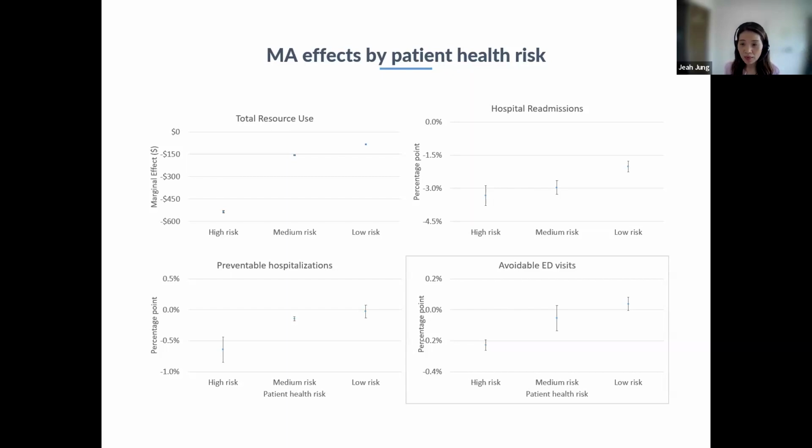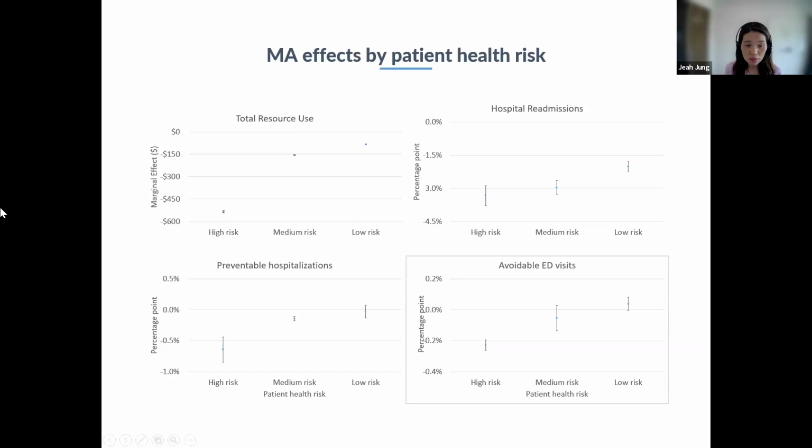They don't have a high level of utilization. So if you enroll sicker patients, they might offer more opportunities to save money, because high-risk patients use a lot of services, and when MA plans apply some utilization management, they have a much better chance to save money.